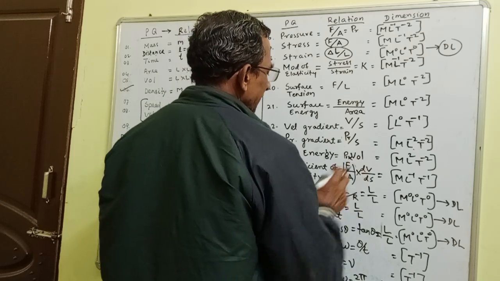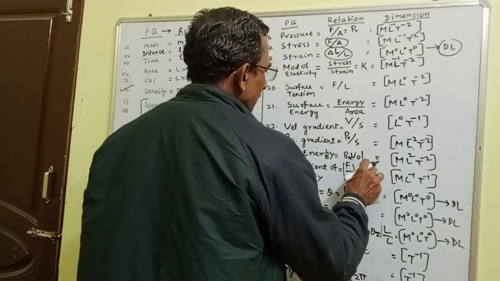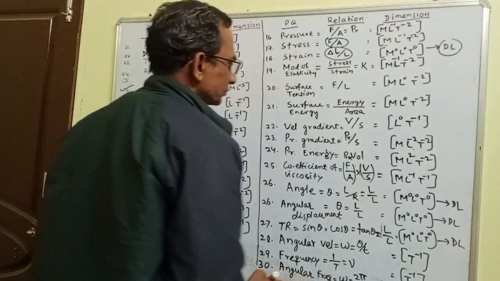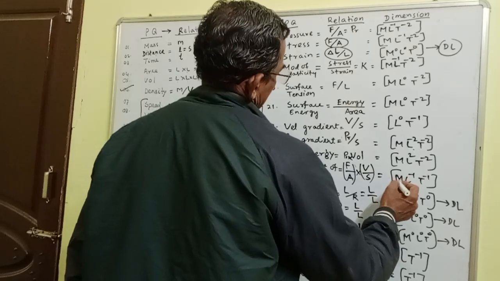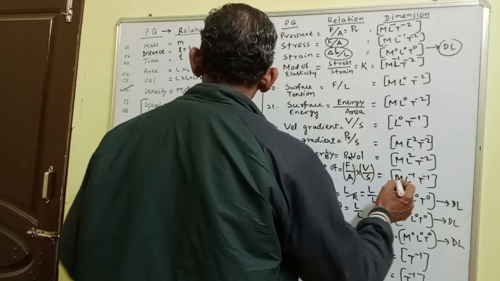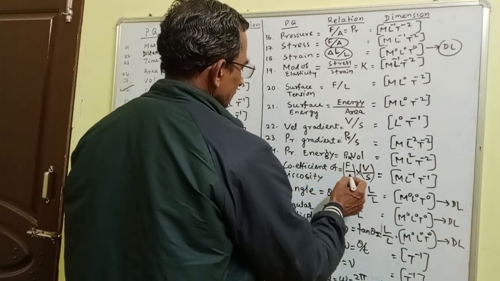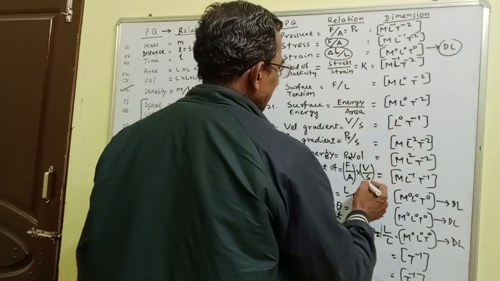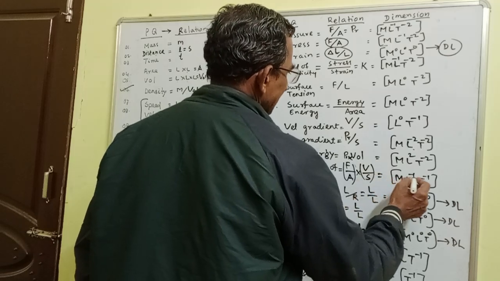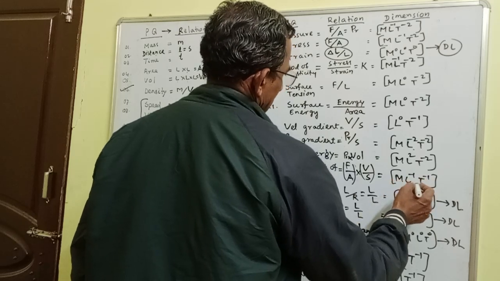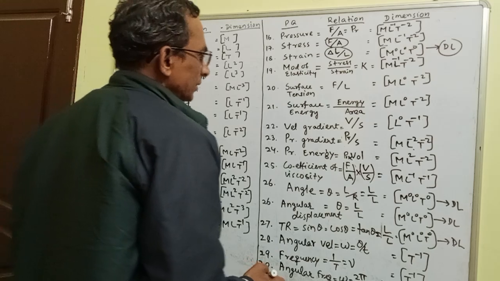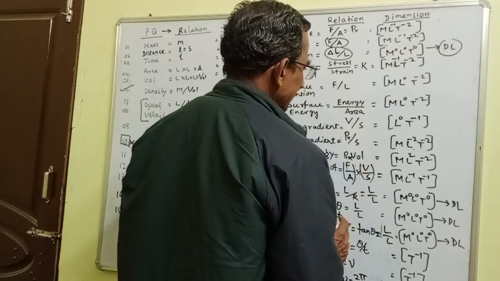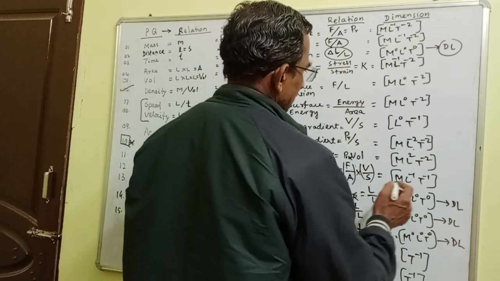Velocity gradient is dv by dx, or it will be velocity by distance, which is T minus 1.